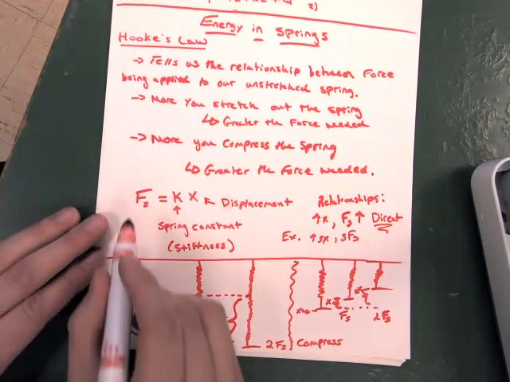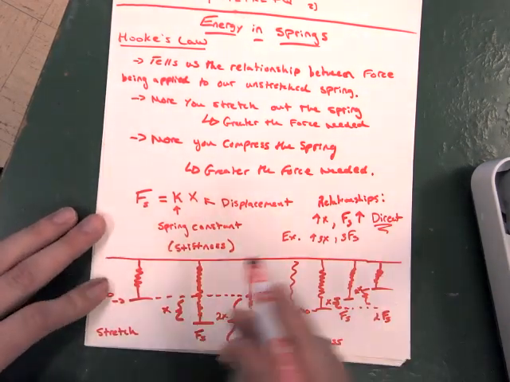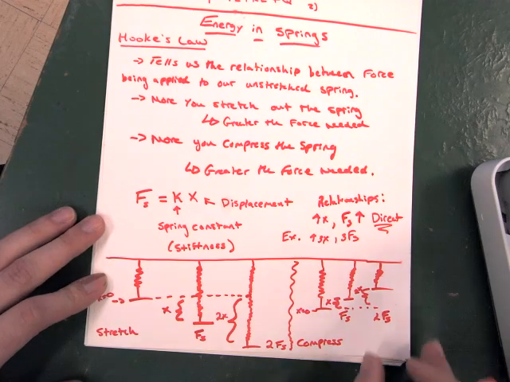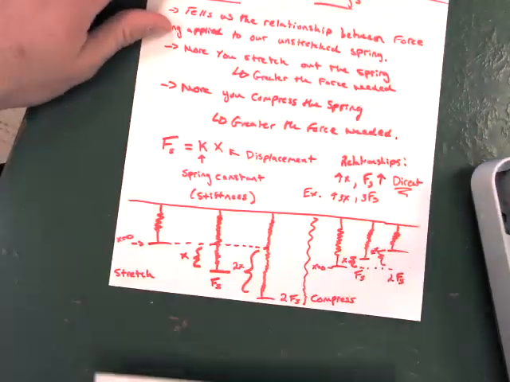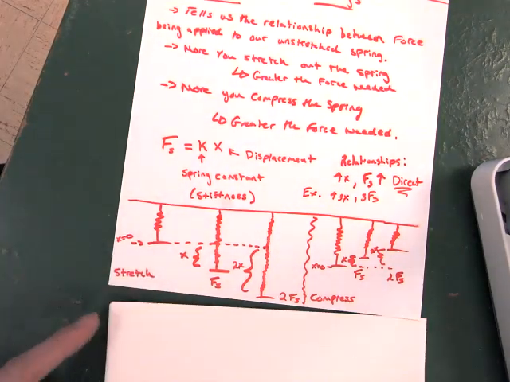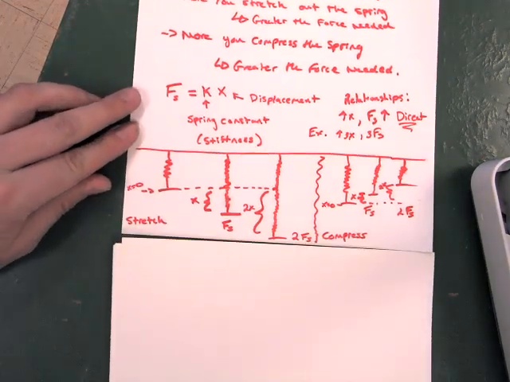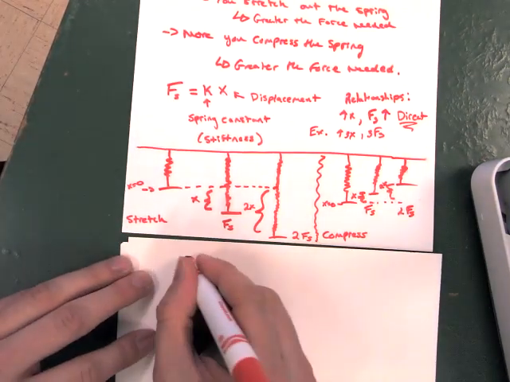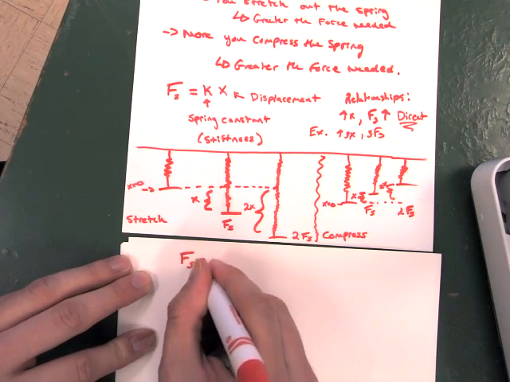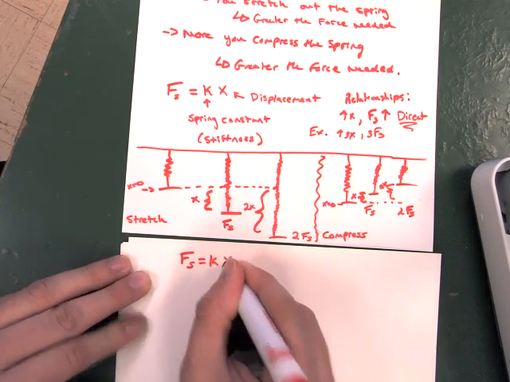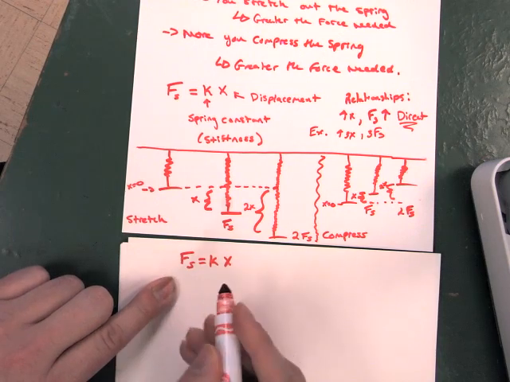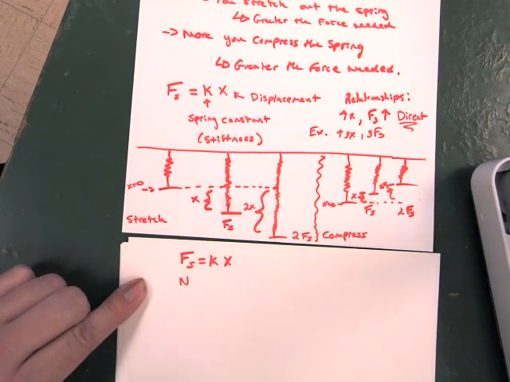Now, let's just look at our units real quick. If we have our Hooke's law equation, Fs equals K times X, our unit for force is newtons.